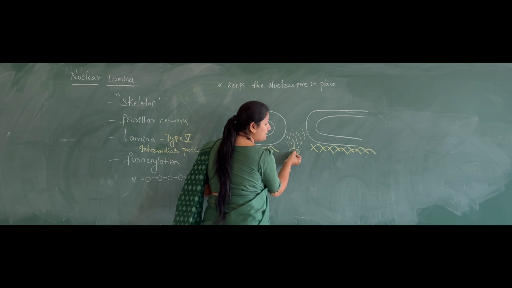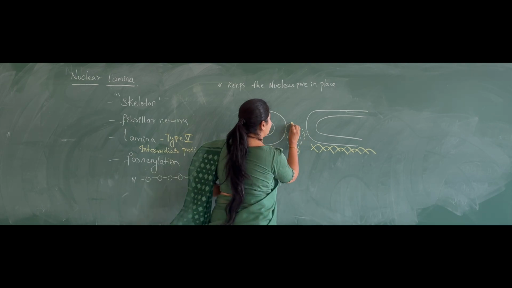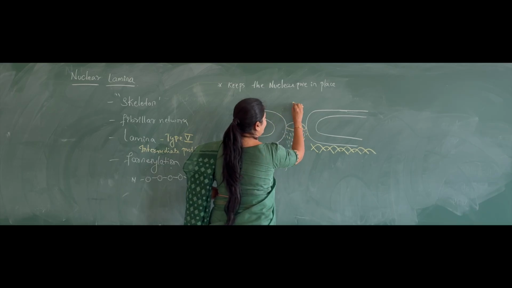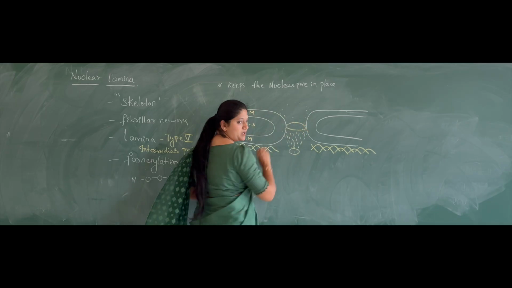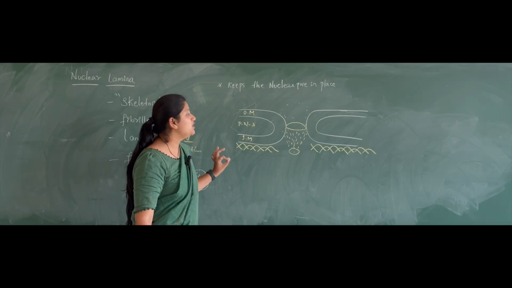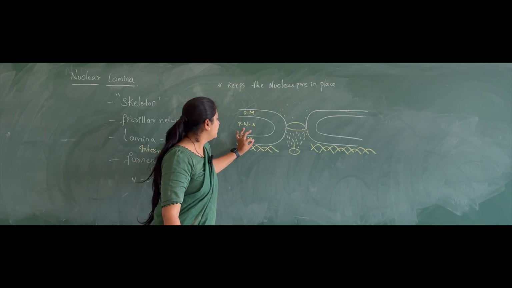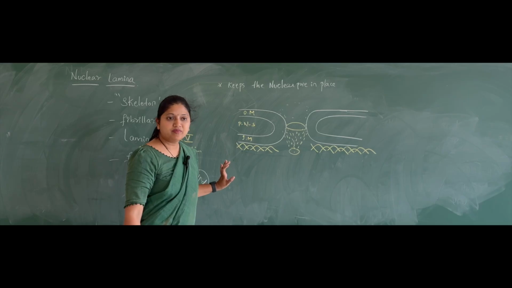So this is the basket, or a small ring with the filaments having the central hub here, and then on the cytoplasm side we have the channel with the spokes present, right? So this is how the nuclear lamina is woven below the inner nuclear membrane. Okay, clear?